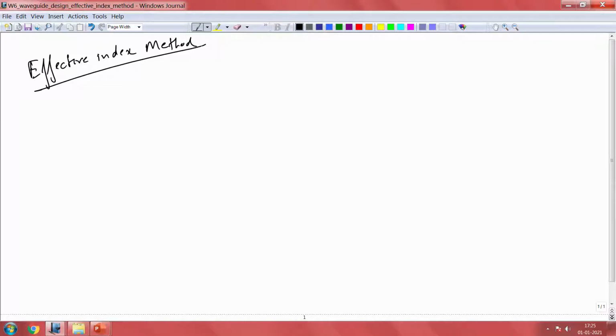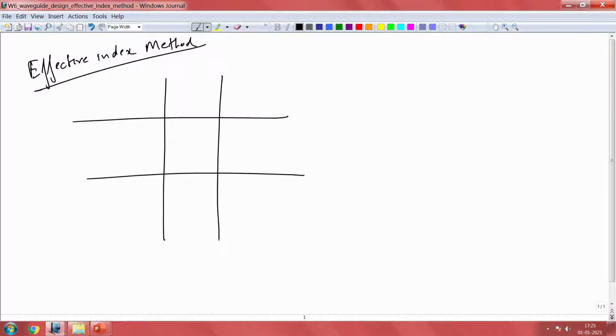So the effective index method is a very similar technique to what we saw earlier in this section of lectures, by decomposing the two-dimensional structure that we had.